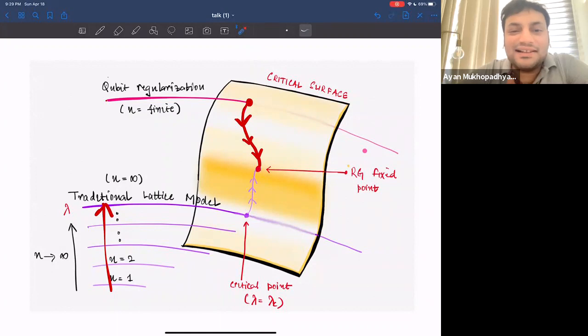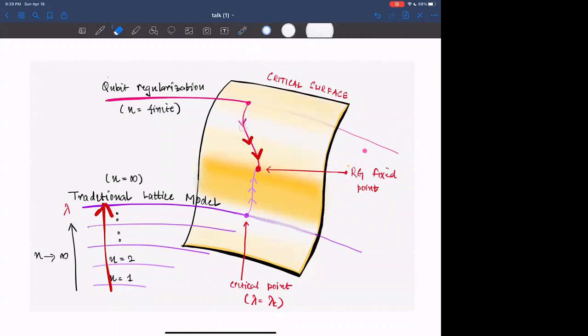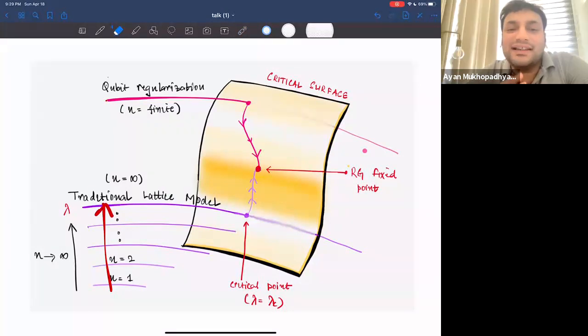Yeah, I see the confusion. I still have to understand your meaning of criticality a little bit; I think you're talking in a slightly different sense. No, critical surface just means you've tuned the mass to 0 in field theory language. Okay, so the correlation length diverges. That's all.